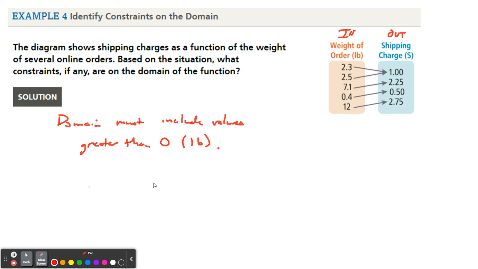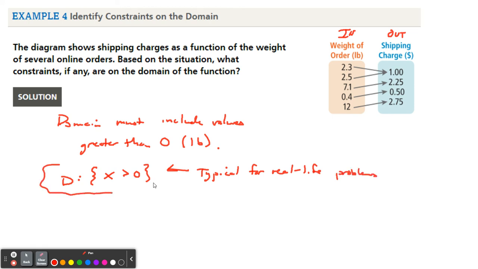So in notation, your domain for x would have to be greater than 0. Okay, and this is very typical for real life problems, right? Typically, we don't have negative numbers involved, so it would just be here.